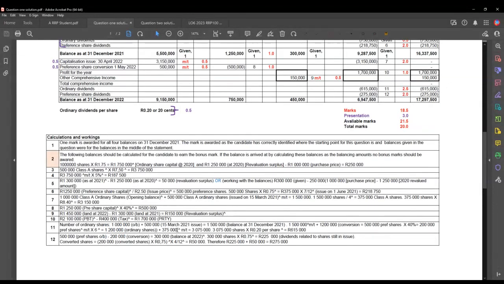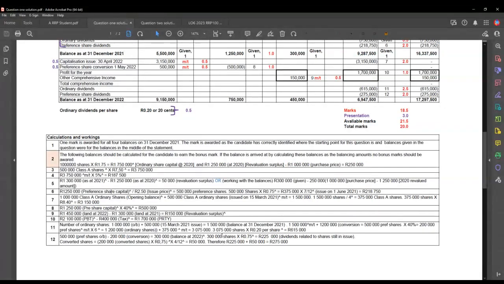You would have gotten another half mark if you had determined that we also had this capitalization issue. And the capitalization issue would have yielded to us 375,000 shares, right?